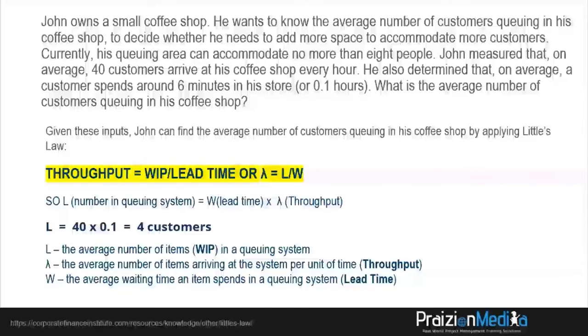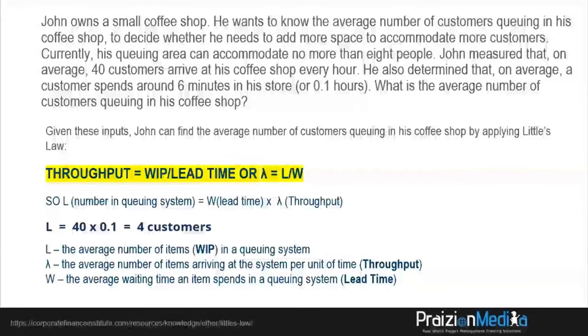Given these inputs, John can find the average number of customers queuing in his coffee shop by applying Little's Law. Throughput equals WIP divided by lead time, or we could say lambda equals L divided by W. So L, the number in the queuing system, is equal to lead time times throughput.